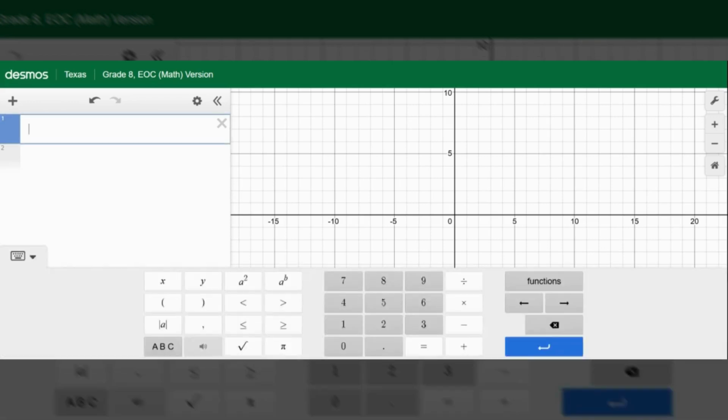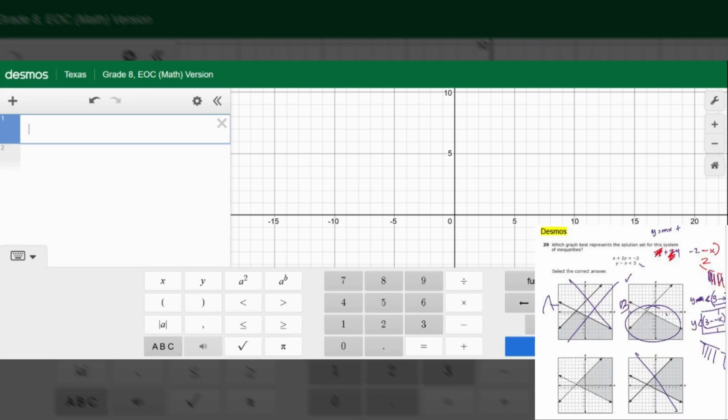So here, the first equation we solved was y less than negative 2, the one on the top, negative 2 minus x, close parenthesis, divided by 2.